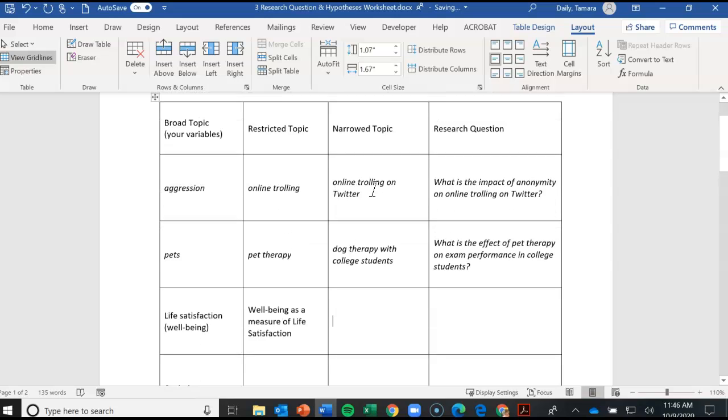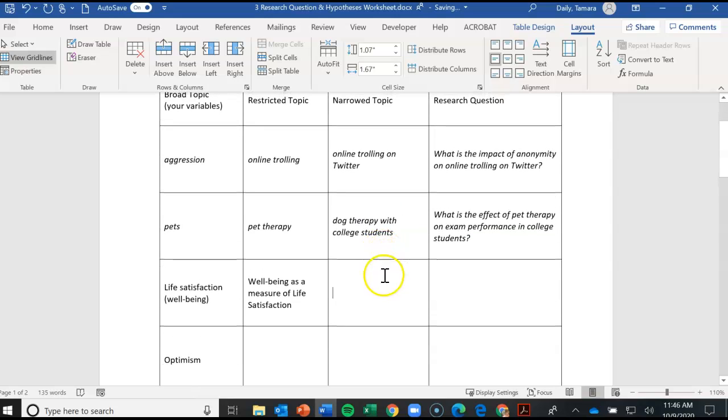Then I might want to narrow that even further topically. And this is where your other variables start to come into play, since life satisfaction is my core variable. And I can remind myself of that here. That's the thing I want to explain. So that's my primary outcome variable.